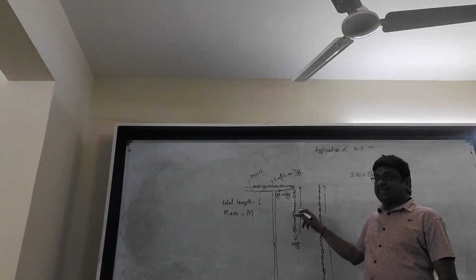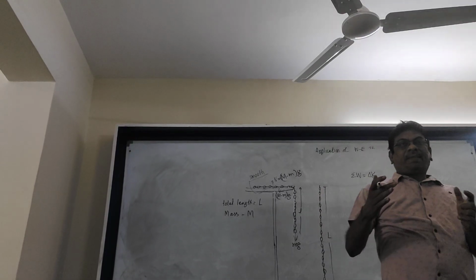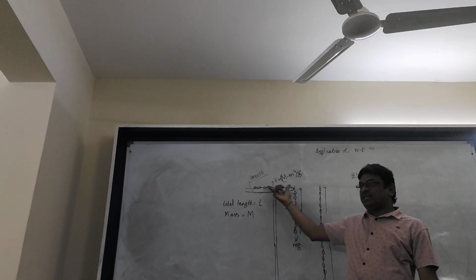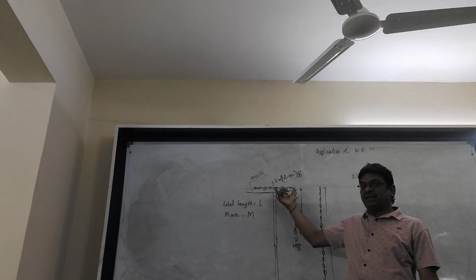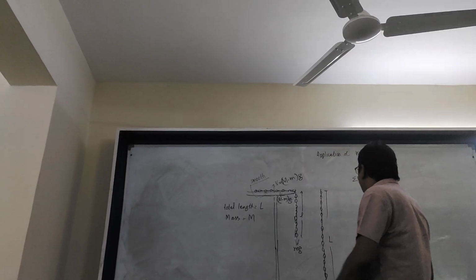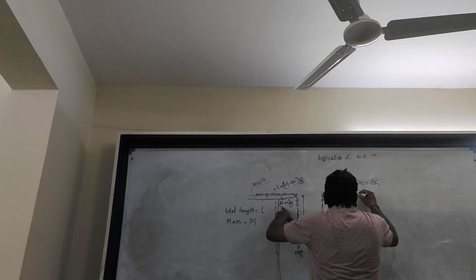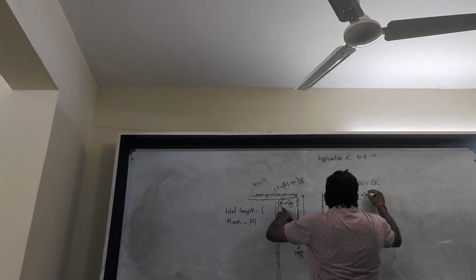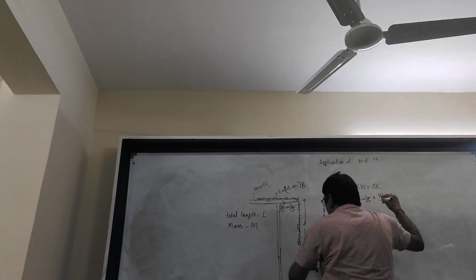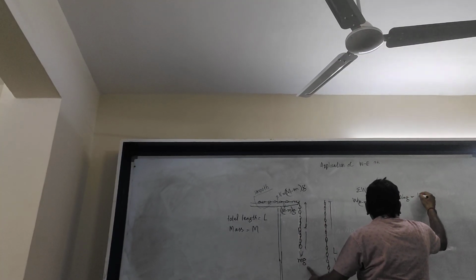Of course, as it descends down, these two forces reduce because the length of the part of the chain above the table starts reducing. So mass of the chain will reduce. So normal reaction also, they are variable forces, doesn't matter. So here I will write work done by this weight, which is of course variable, plus work done by the normal reaction, which is again variable, plus work done by the weight of the portion which is hanging.